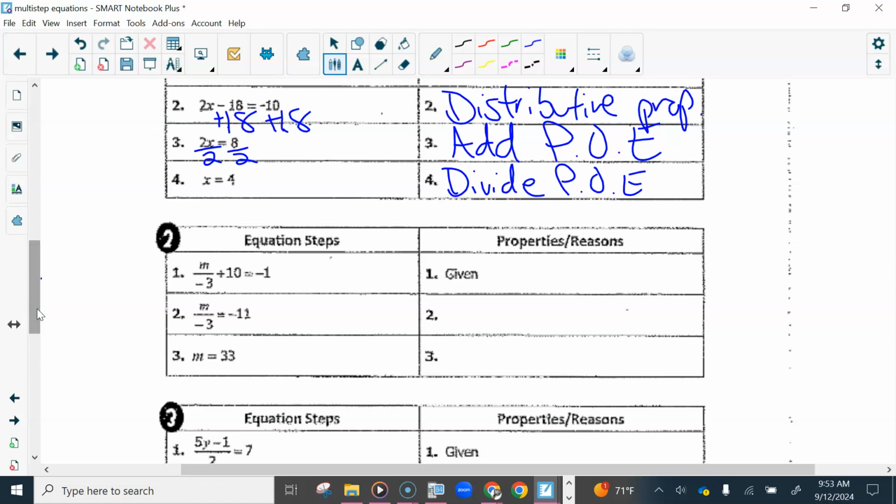So then for number 2, starting with the given, what did they do next? What changed from step 1 to step 2? Oh, you said minus 10. Sorry, I thought you said something else. Anyway, yes. Subtract 10 on both sides. So subtraction property of equality.